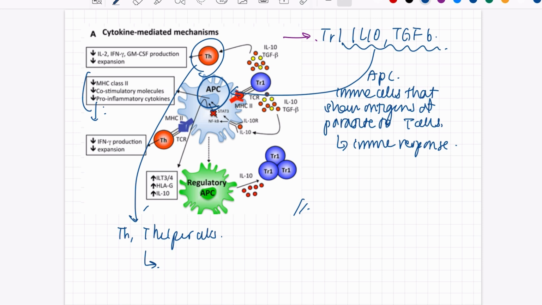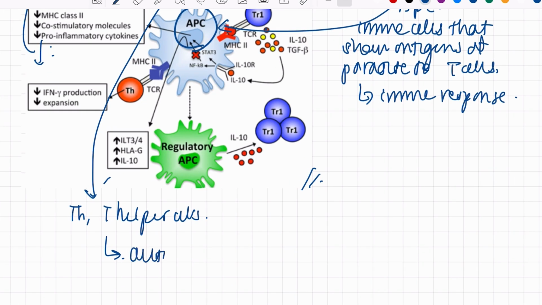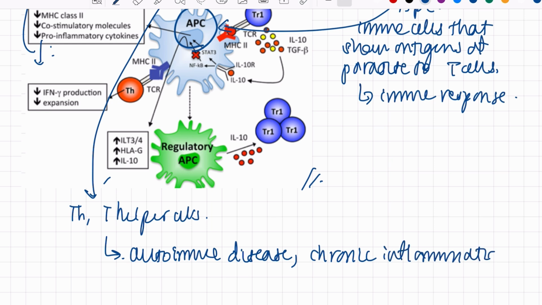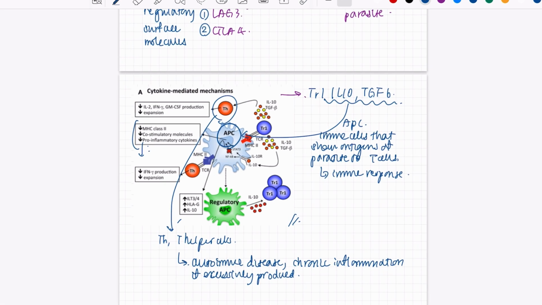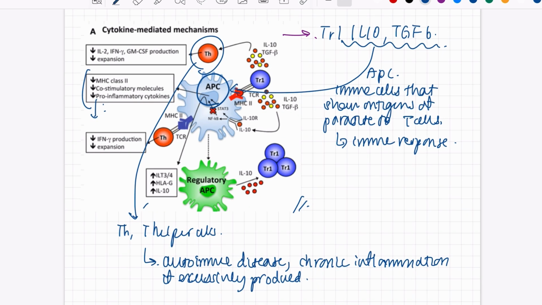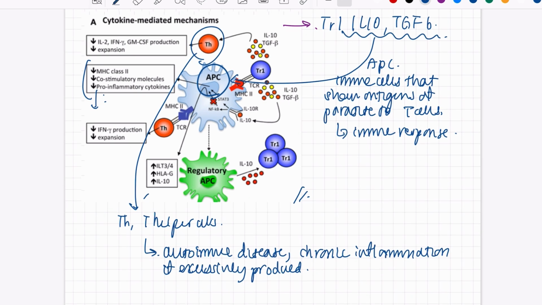And because these cells drive inflammation and help activate so many of the other immune cells, too much T helper cell activity can cause autoimmune diseases and chronic inflammation. And that is why these type 1 regulatory T cells exist. They exist in order to prevent excessive T helper cell activity.